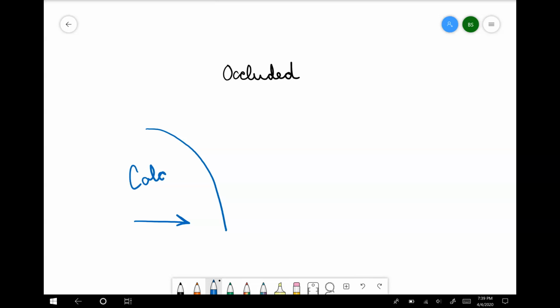The last kind of front that we're going to talk about is an occluded front. In an occluded front, you have a faster moving cold front that overtakes a slower moving warm front.